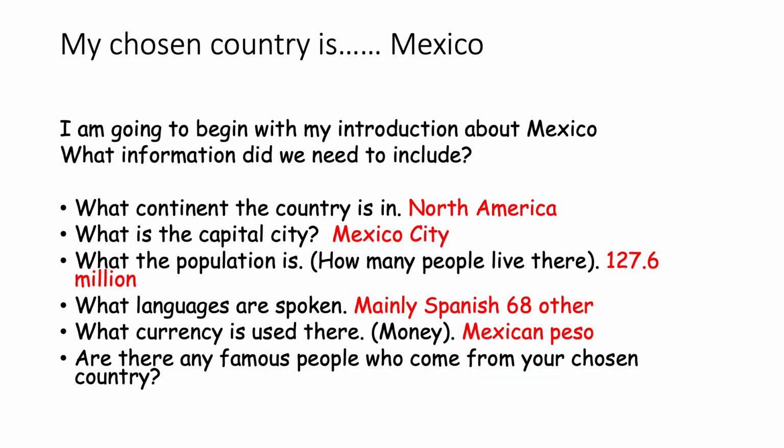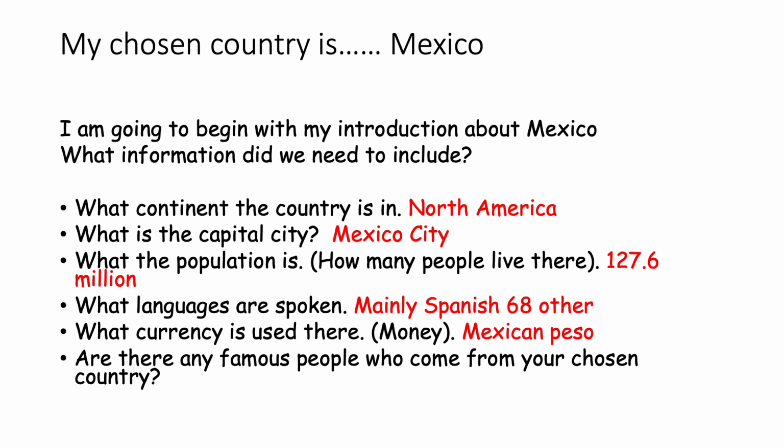Okay, so what I've done is I've shown you what I've done about my country. My chosen country is Mexico. I'm going to begin with my introduction about Mexico and think about all the different information that we needed to include in our introduction. I've gone back to our second day of home learning, and those were the things that you needed to research.